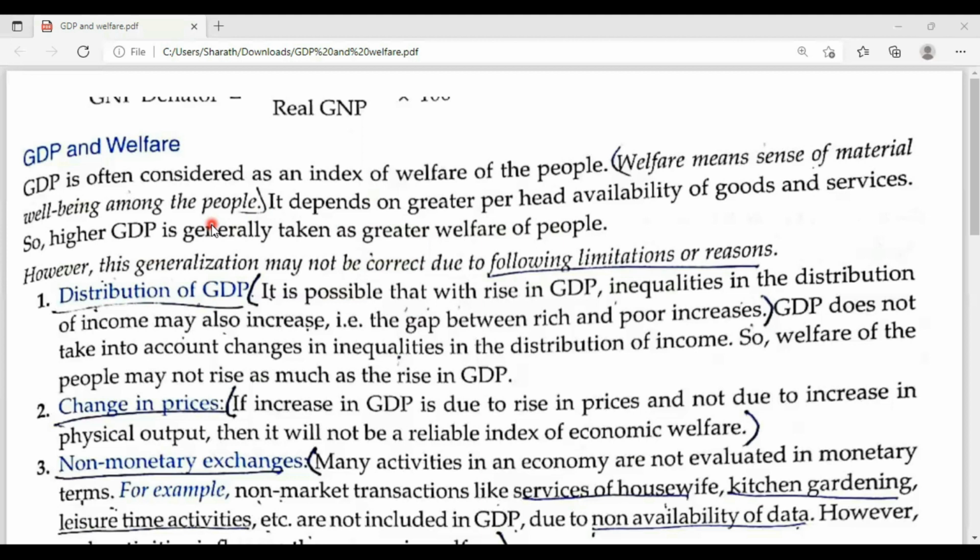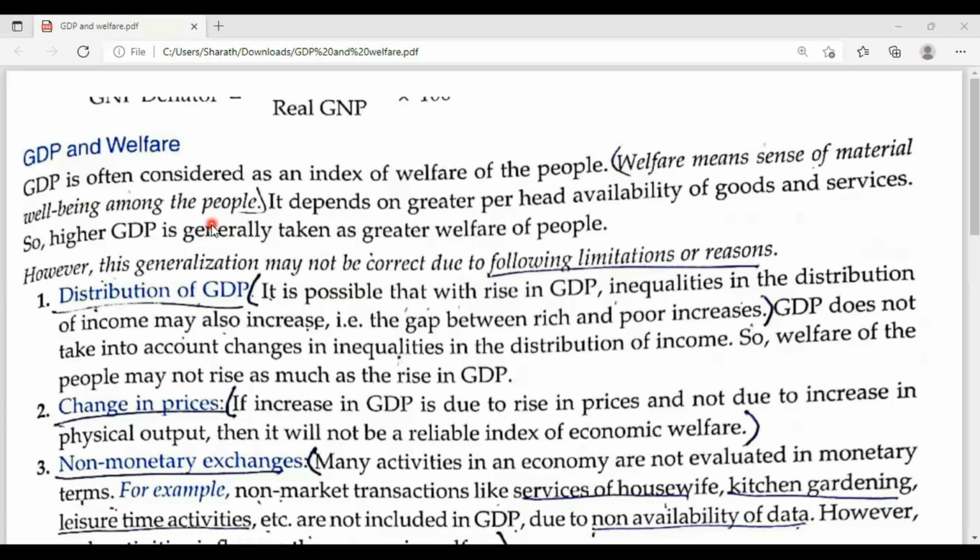But some economists say that GDP cannot be a right indicator to measure the well-being or welfare of the economy. It has its own limitations. Today we are going to talk about what those limitations are, and how they keep GDP away from being a measure of the welfare of an economy.